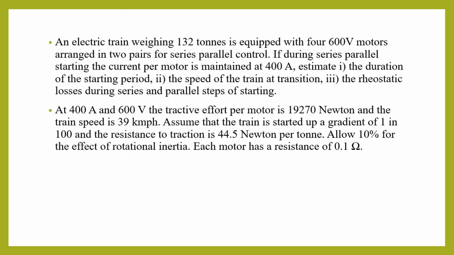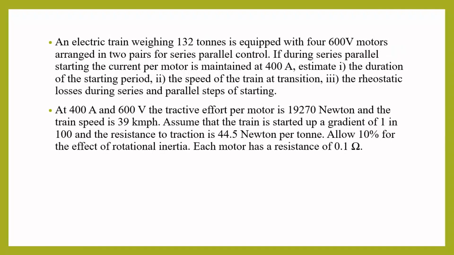Next problem. An electric train weighing 132 tons is equipped with four 600-volt motors arranged in two pairs for the series parallel control. If during series parallel starting, the current per motor is maintained at 400 amperes, estimate the duration of the starting period, speed of the train at transition, and the rheostatic loss during series and parallel steps of starting.